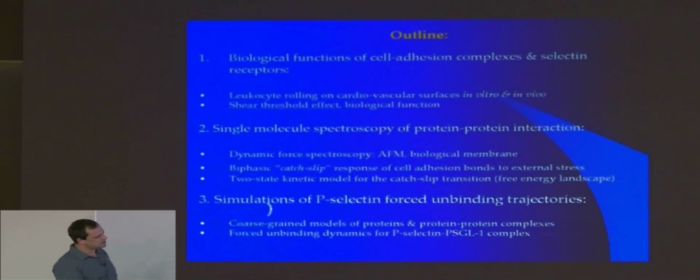So in the third part, I'll be talking about coarse-grained models of proteins and protein-protein complexes, and then the results of our simulations of P-selectin, PSGL-1. So this is receptor and this is counter receptor. So we're talking about receptor-ligand complexes, the biological, biomolecular complexes. Okay.